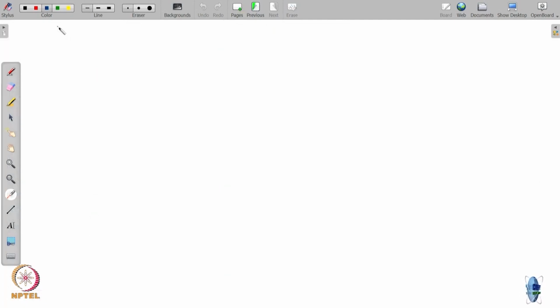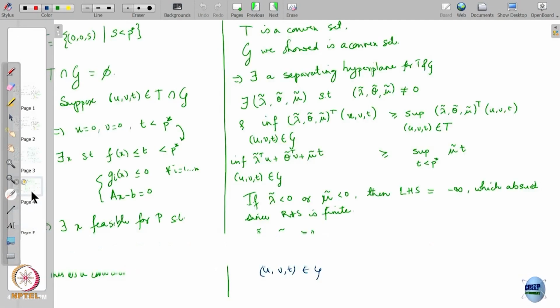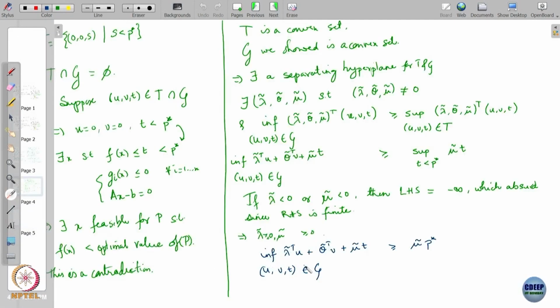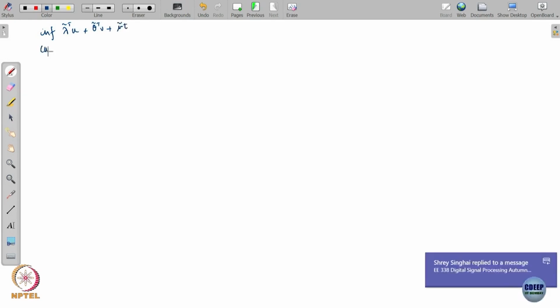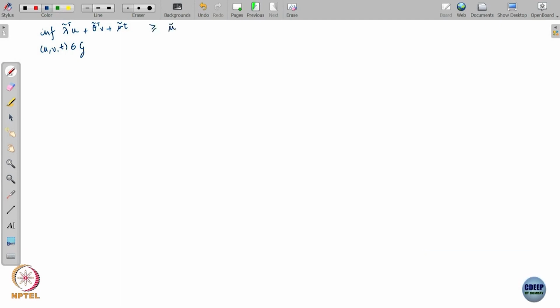So if you just take this here, I have the infimum of, let's write this out here once again, the infimum of lambda tilde transpose u plus theta tilde transpose v plus mu tilde times t over (u, v, t) in G. This is greater than or equal to, for us, mu tilde times p star.